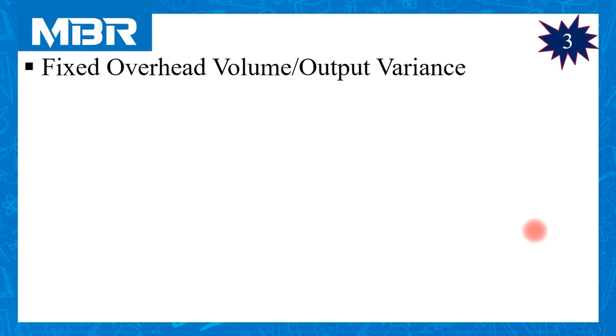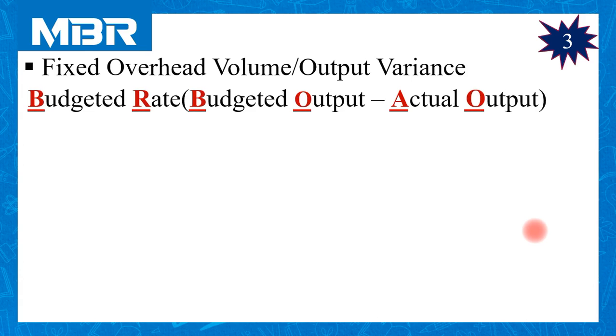Third, it is related to fixed overhead volume or output variance. Formula: budgeted rate into bracket budgeted output minus actual output.